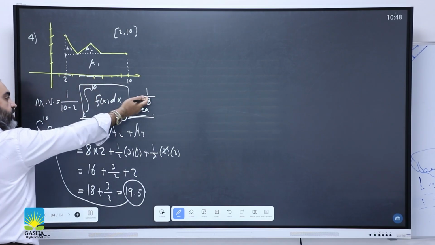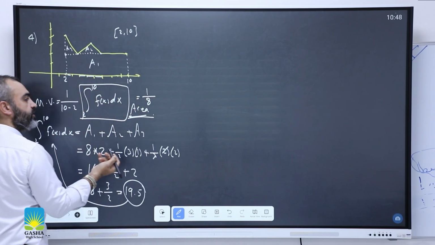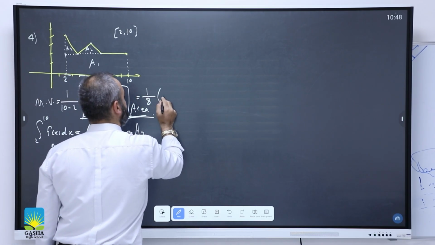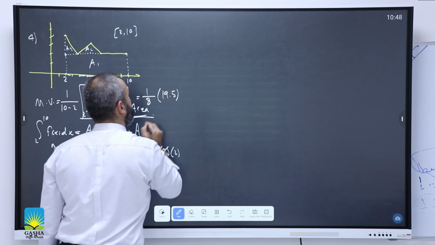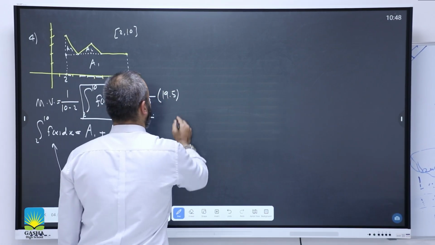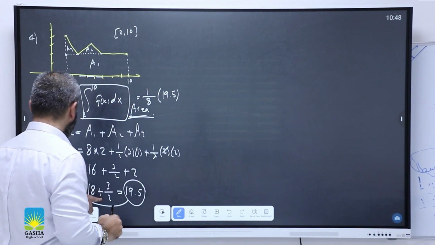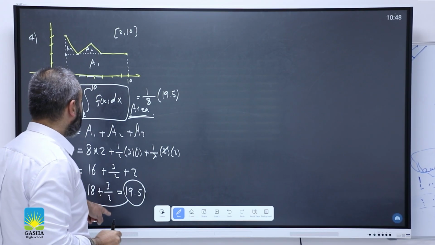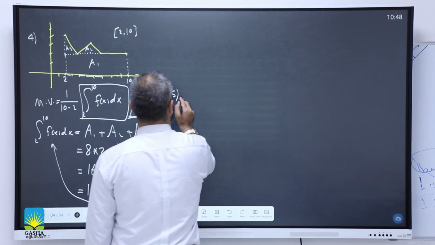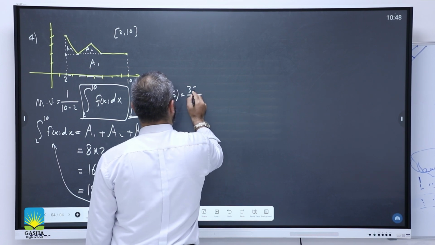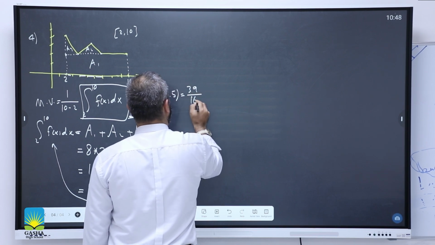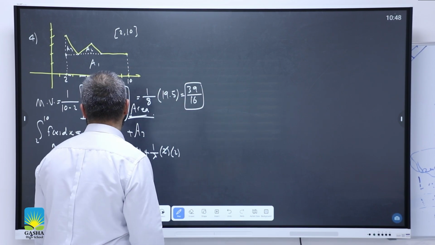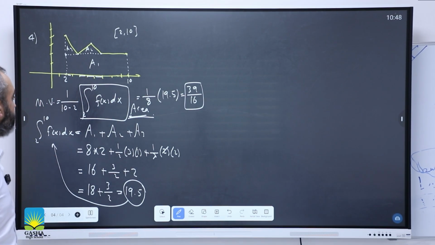1/8. Where's 8? Because we have 10 minus 2. So times 19.5. 19.5, I think it's 39/2. So 39/16. So this is the result of the mean value of this graph.